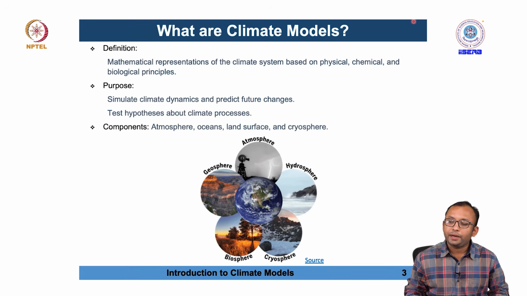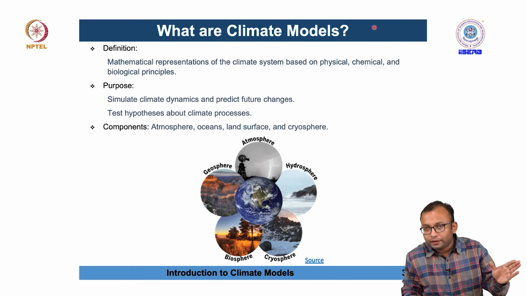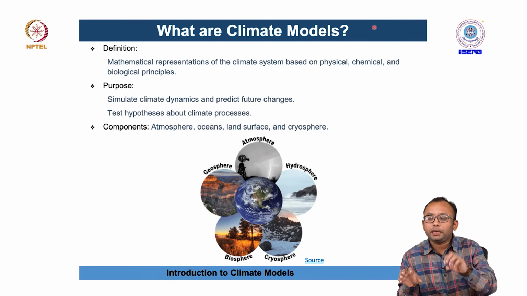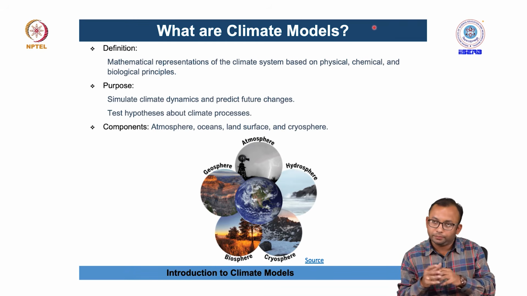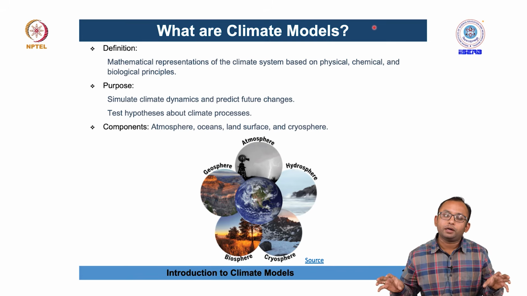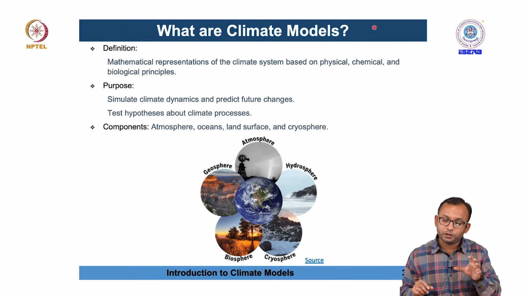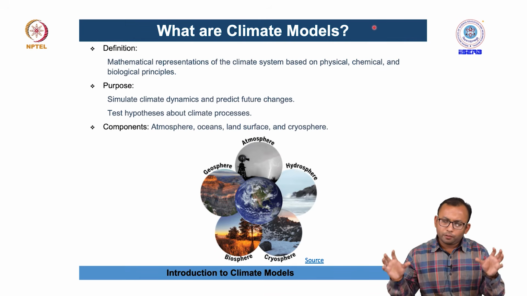So, what are climate models? As we discussed in the beginning of this lecture, it is a mathematical representation of the climate system based on certain physical, chemical or biological principles. In earth system or environmental science, we study multiple spheres: the atmosphere, hydrosphere, cryosphere, biosphere and geosphere.